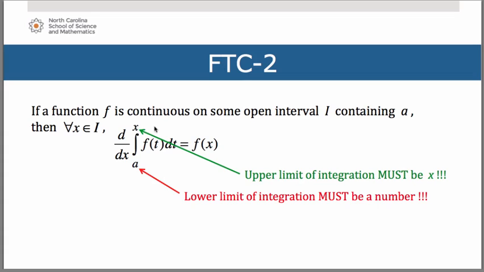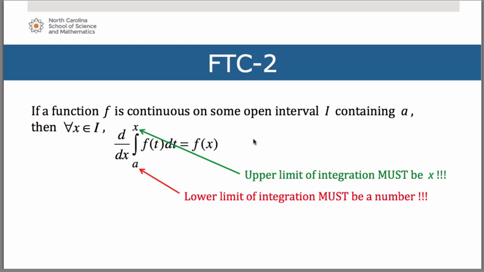But for our purposes, in the statement of the second fundamental theorem of calculus, this upper limit of integration must be plain x. So if we have a problem such as this, our final answer is going to be the integrand function with the x substituted in place of t.